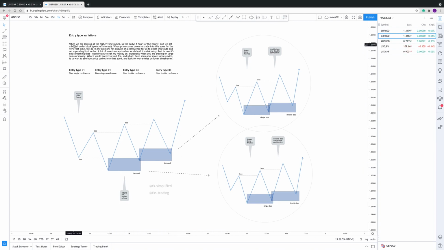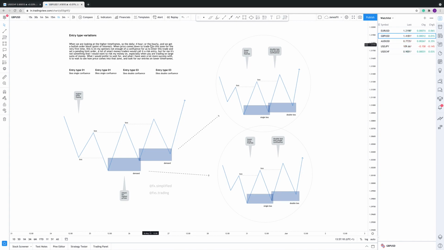So when we are looking at the higher time frames, it could be the daily, 4-hour, or the hourly. Now for me, as you know, I trade the hourly time frame as my highest, as that gives me a lot of opportunity, and it's just a great time frame to base your trades around.